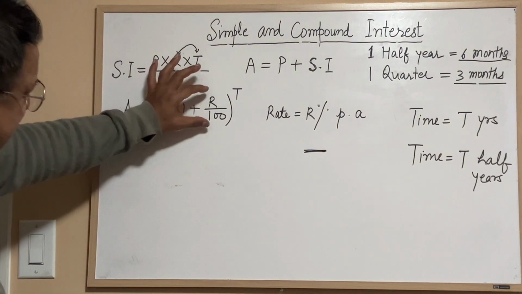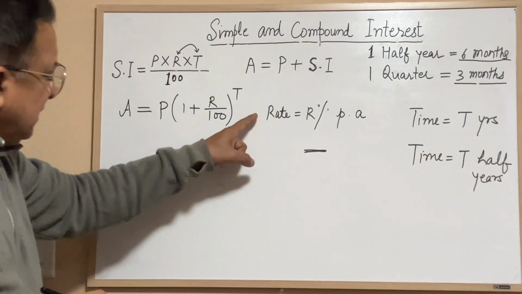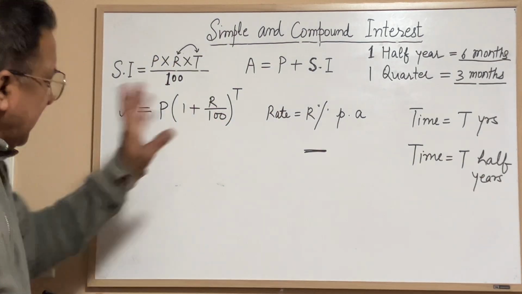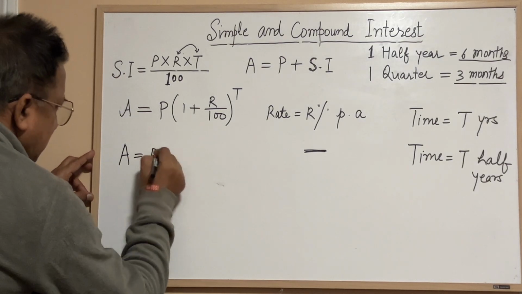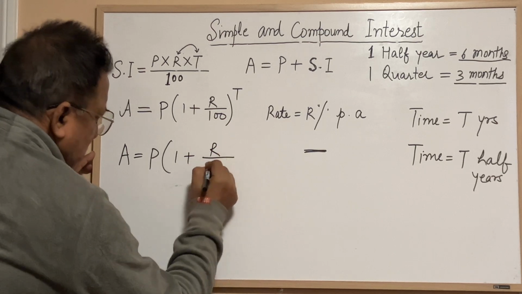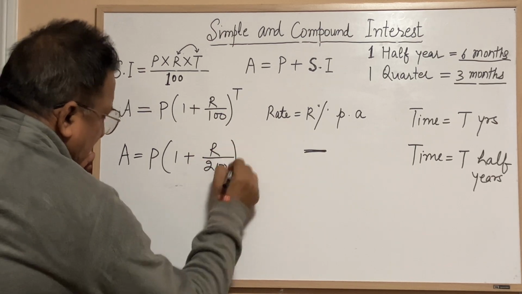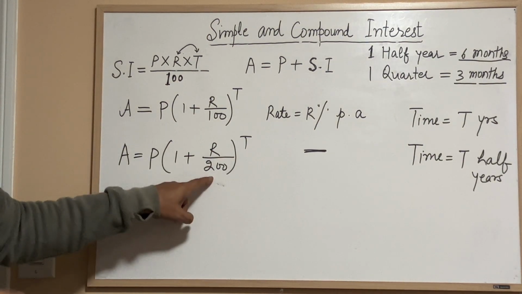Then you can make a change in this formula. Time is in half years. Rate R percent per annum as it is. Then amount will be principal times 1 plus R upon 200 raised to power T. Automatically the rate will reduce to half.